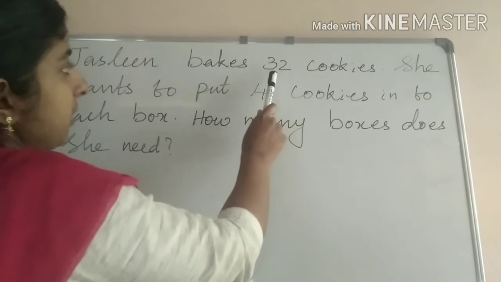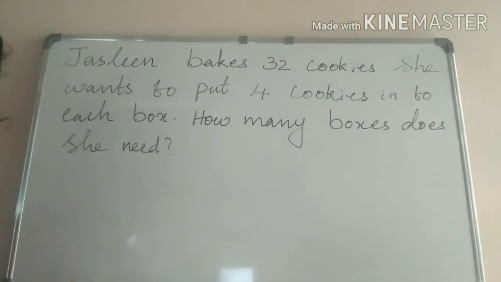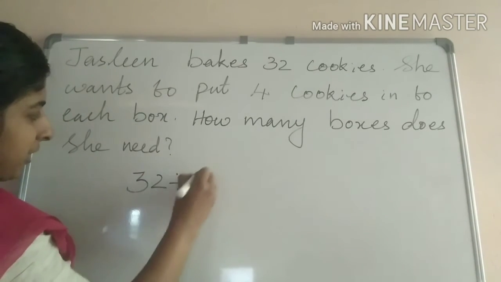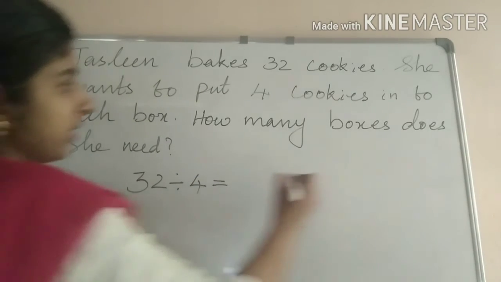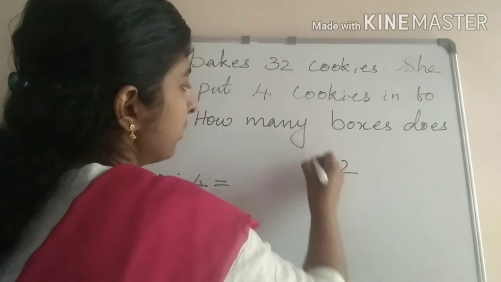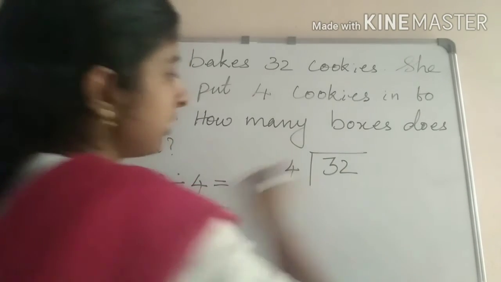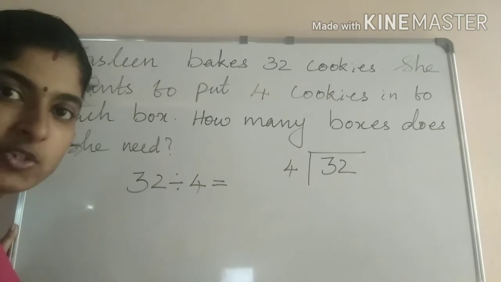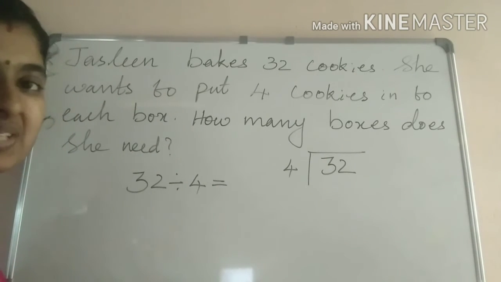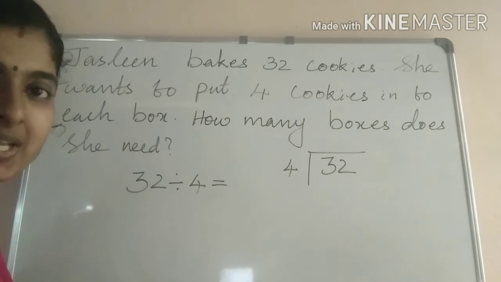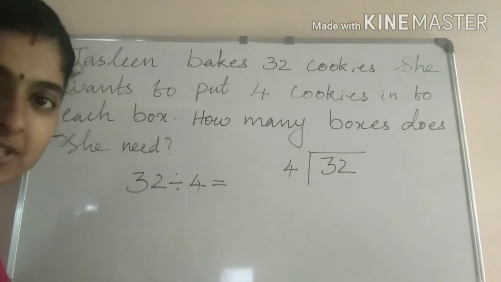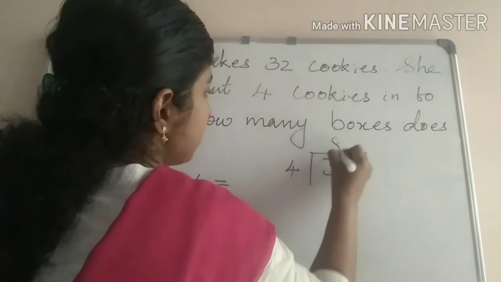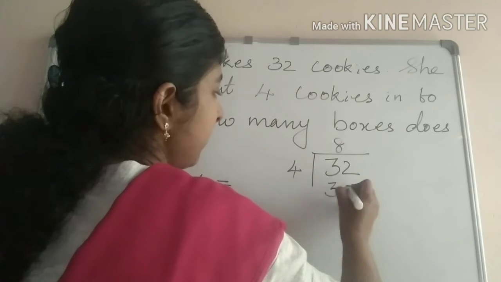Okay. So, 32 divided by 4. 32 divided by 4 is equal to, 32 has how many 4s? See, 1 4 is 4, 2 4s are 8, 3 4s are 12, 4 4s are 16, 5 4s are 20, 6 4s are 24, 7 4s are 28, 8 4s are 32. 8 4s are 32.